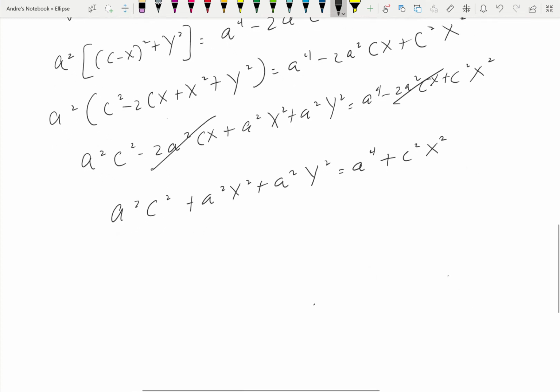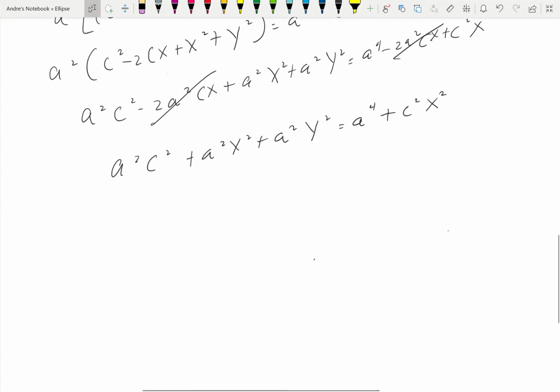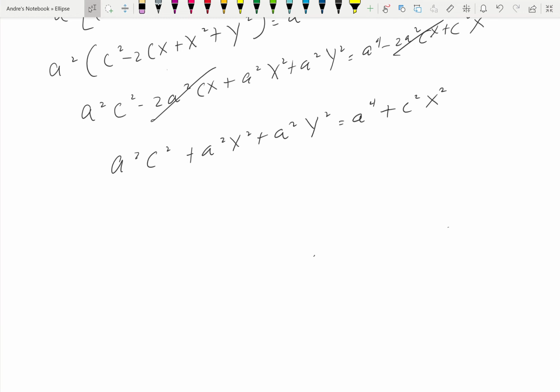We can go ahead and subtract a squared c squared from both sides and c squared x squared from both sides. So we're left with a squared x squared minus c squared x squared plus a squared y squared. And on the right hand side, we're left with a to the 4 minus a squared c squared.